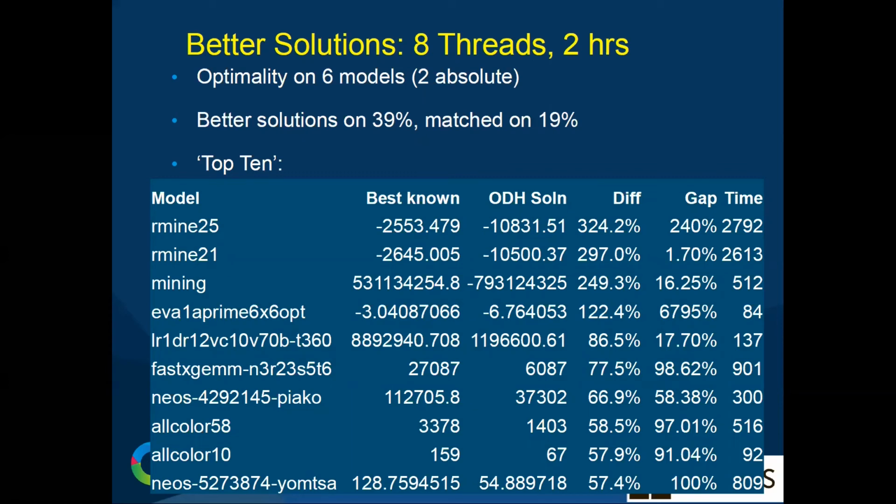So, just in brief then, on these difficult models, ODH tended to perform quite a lot better than whatever had been run before, which was, I guess, an ordinary optimizer of any kind. And sometimes that difference was very substantial, on these R-mine examples, which I think originated from one of our competitors.